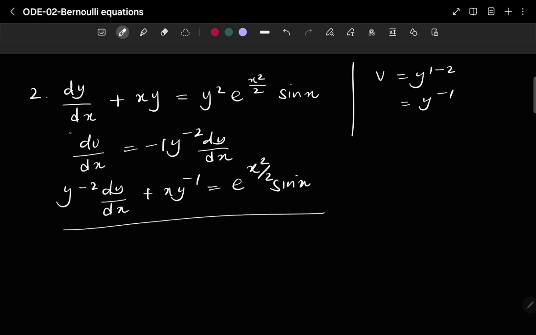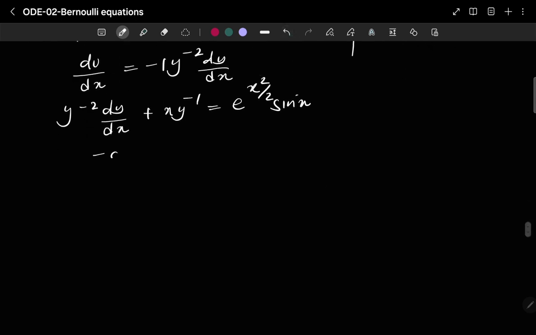We get y^(-2) dy/dx + x y^(-1) = e^(x^2/2) sin x by dividing the whole equation by y^2. Substituting, we get -dv/dx + xv = e^(x^2/2) sin x, and multiplying by minus, we get this equation.